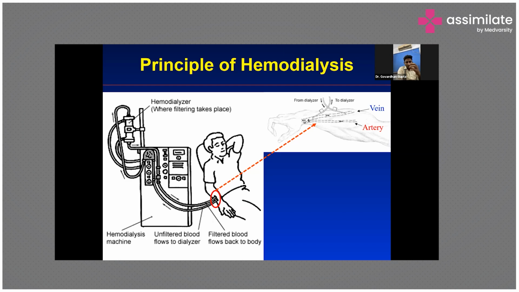Maturity means the vein has to become similar to an artery, because veins are thin walled and superficially placed, so they can be easily accessed. Arteries we cannot directly prick, because they have a lot of blood pressure inside them. Veins do not have. So again, some good effects are there, some side effects are there.